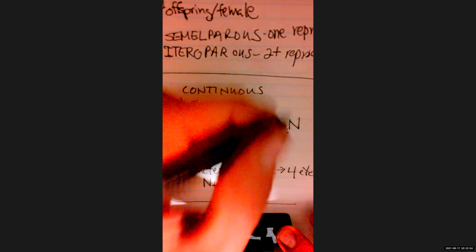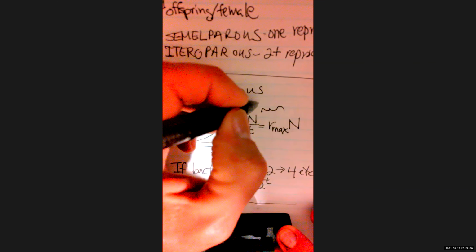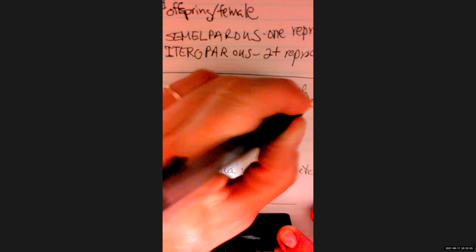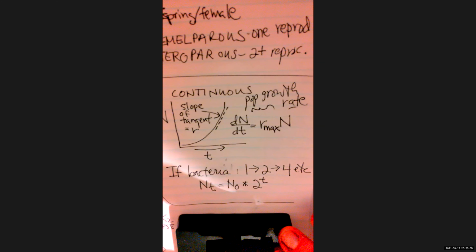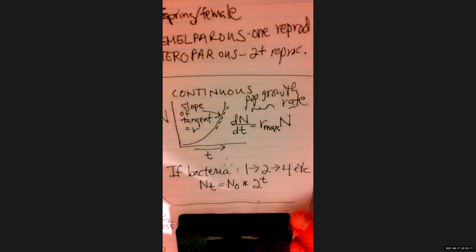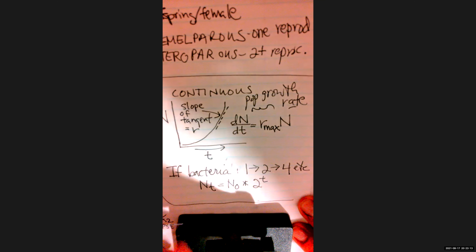So this value little r, we're going to call our population growth rate. Right? It's a rate. That means it's going to be a certain number of individuals over a time, right? So you can also think of it as a slope. So this equation is very simple.